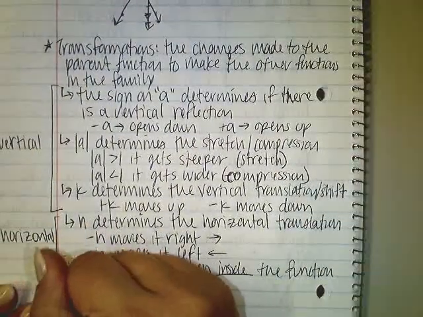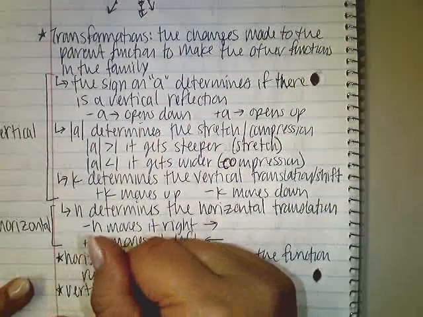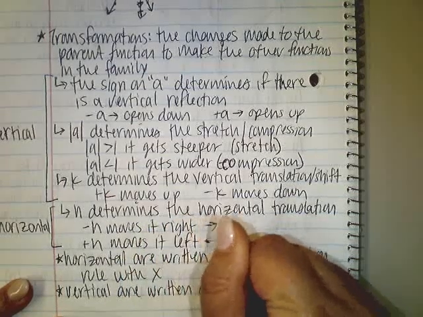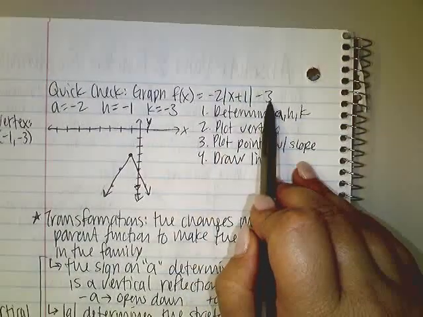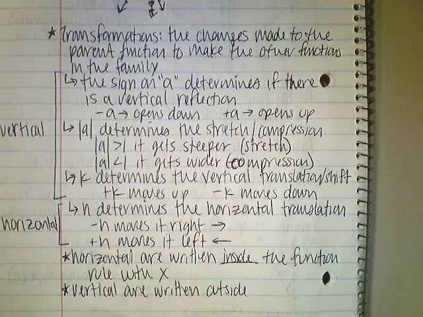So horizontal transformations are written inside the absolute value, while vertical transformations are written outside. So notice our A and K are written outside of the function, h is written inside because horizontal are in with the x, vertical are outside with the y.